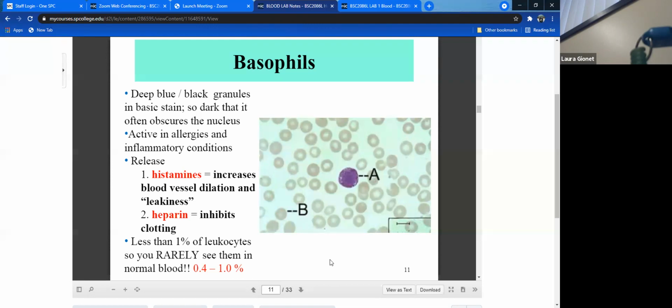They're active in allergies and inflammatory conditions. They secrete histamines and heparin. Histamines increase blood vessel dilation and leakiness, and heparin inhibits clotting. And so normally maybe 0 to 1% of 100 white blood cells that you look at will be a basophil.